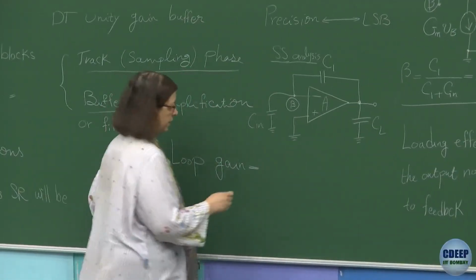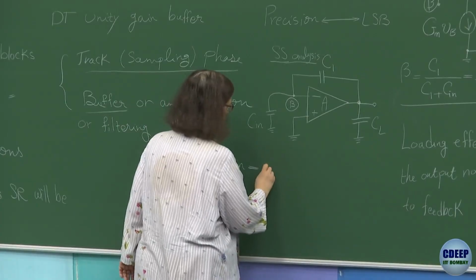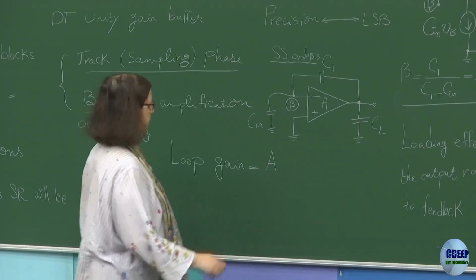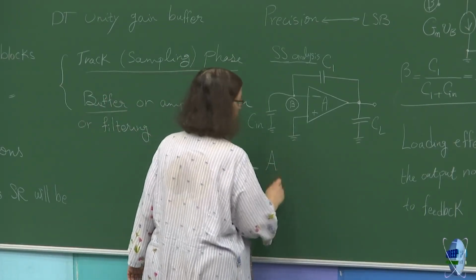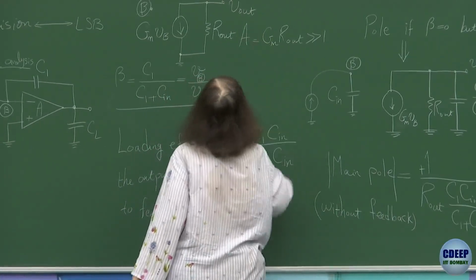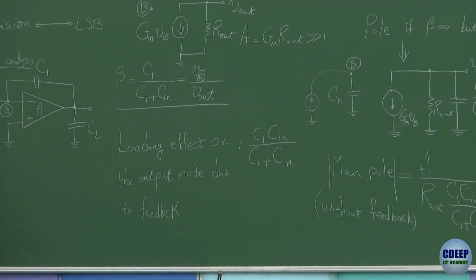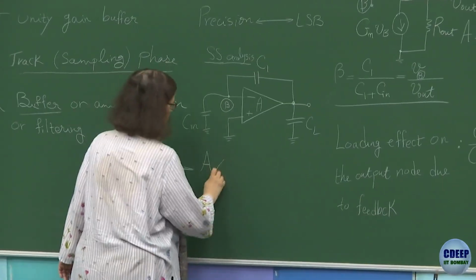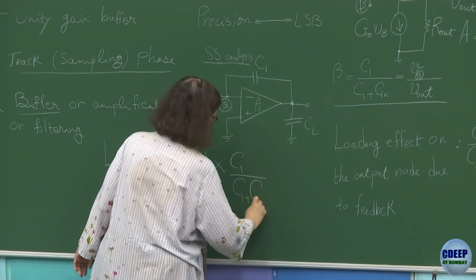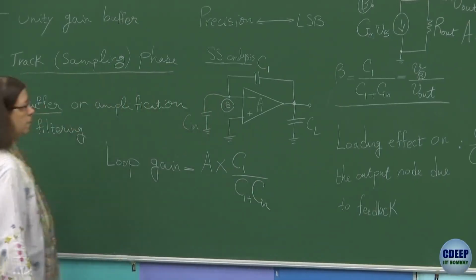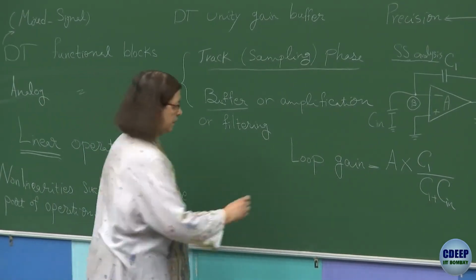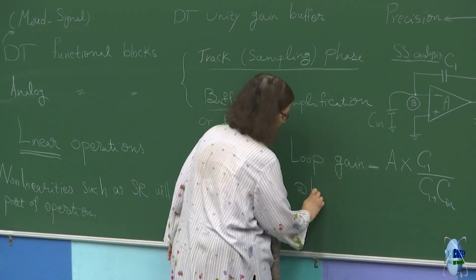So the loop gain now is eventually the gain of the op-amp without feedback, which is GM R out, multiplied by the feedback factor, which is C1 upon C1 plus C in. This is the loop gain at low frequency.